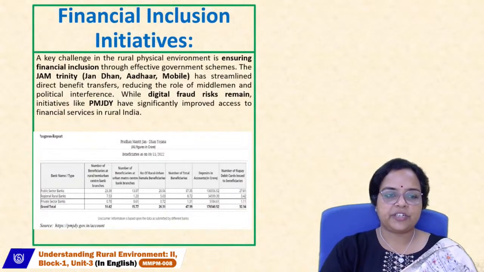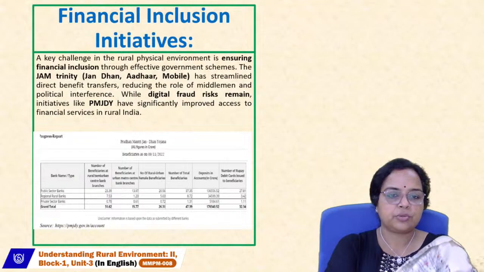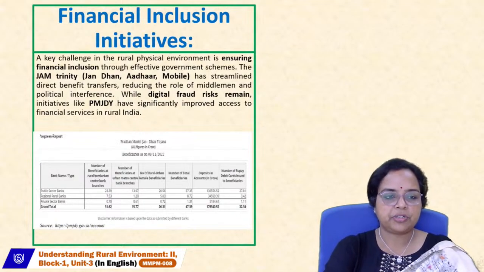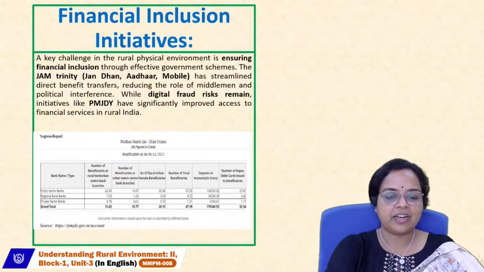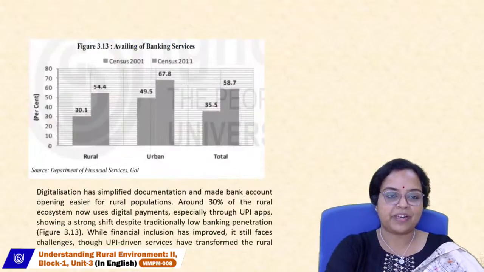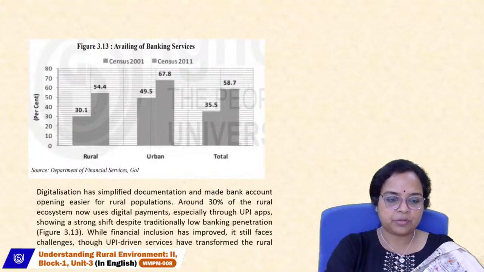Financial inclusion initiatives in the rural belt. A key challenge in the rural environment is ensuring financial inclusion. The JAM Trinity, Jan Dhan, Aadhaar and Mobile, has streamlined direct benefit transfers to accounts, enhancing their purchasing power. Digitization has simplified documentation. Around 30% of the rural ecosystem now uses digital payments.